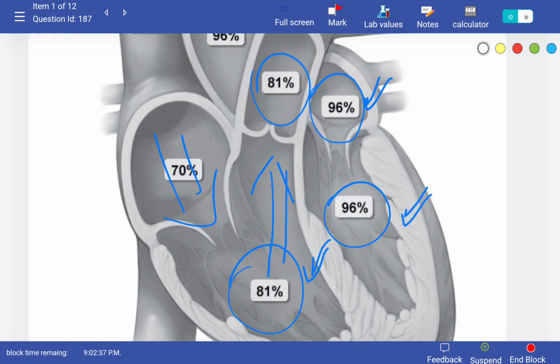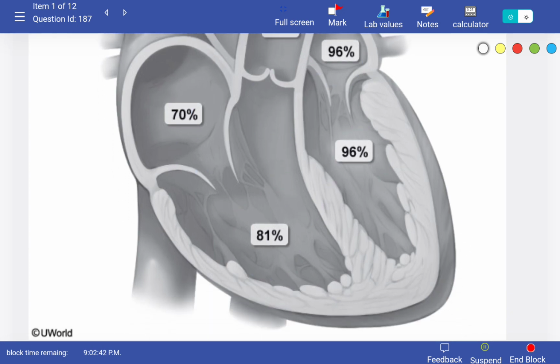So what would have happened here is that the pressure in the left side of the heart would have increased, and there might be a hole which allows the blood to flow from the left side toward the right side. So that's why this pressure would have increased. So this is a case of VSD, ventricular septal defect.